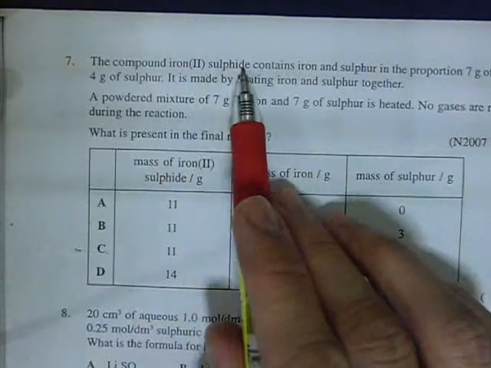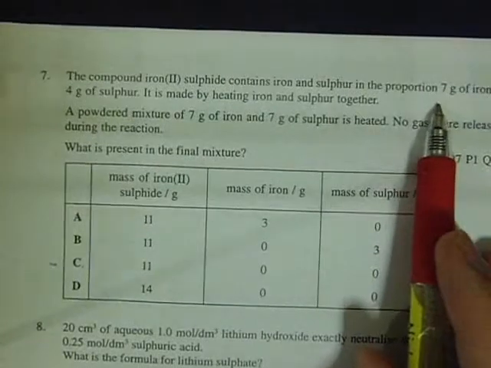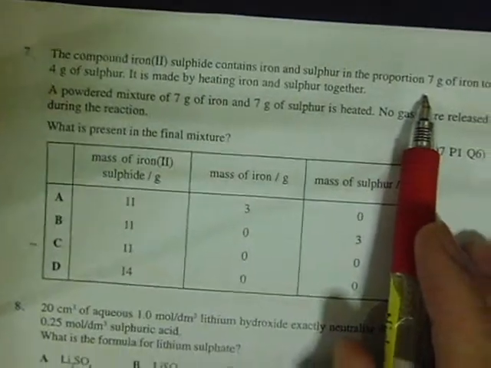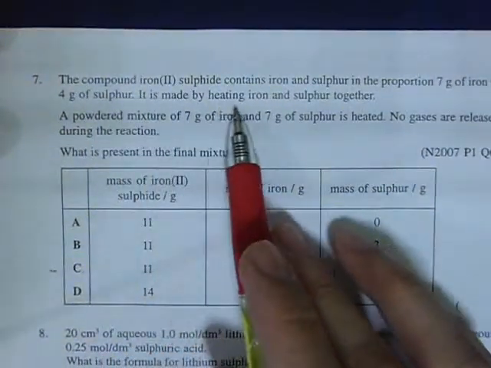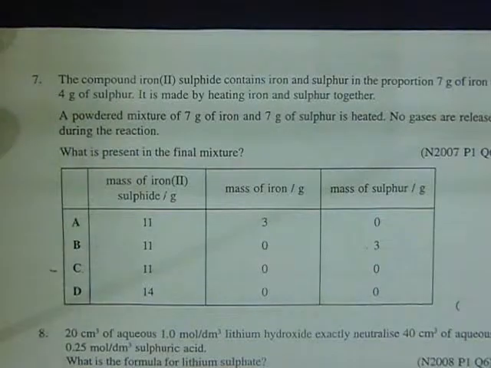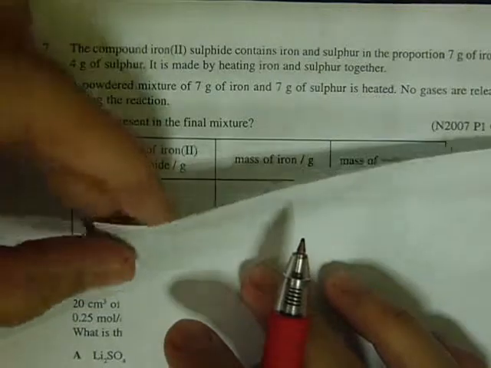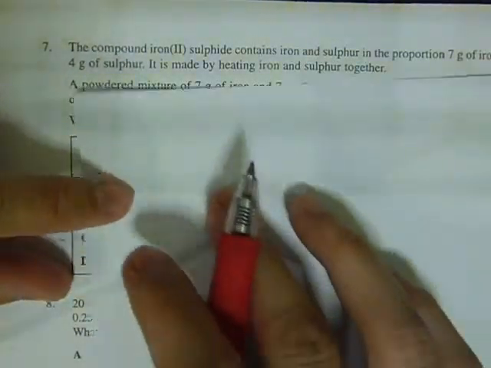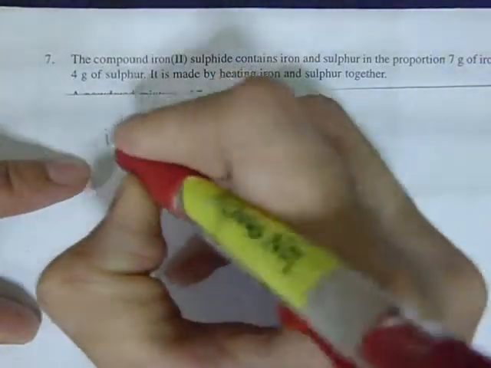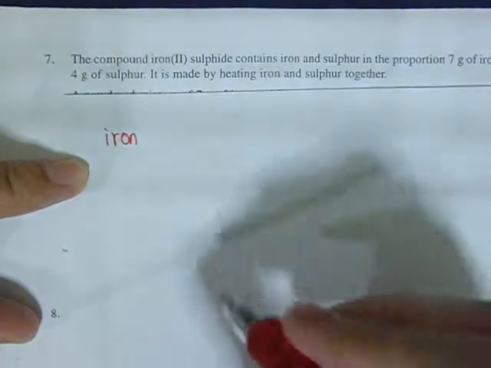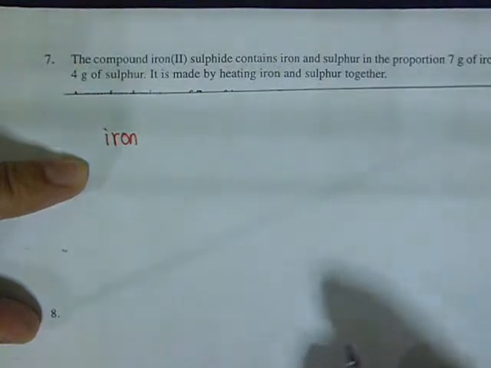The compound iron 2 sulfide contains iron and sulfur in the proportion 7 gram of iron to 4 gram of sulfur. It is made by heating iron and sulfur together. Now from the first paragraph, we can summarize it like this: it is made by heating iron and sulfur together.